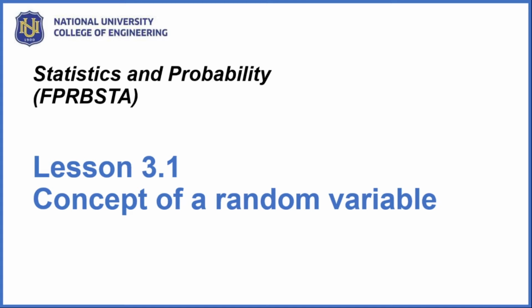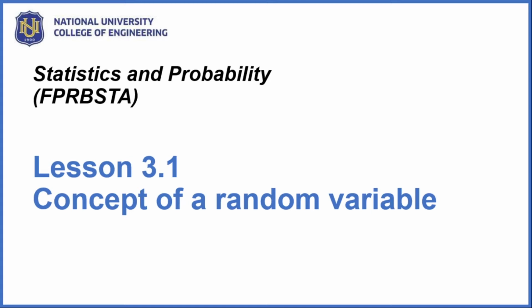Now, since the outcome of our statistical experiment is essentially random, the value that we assign to that variable is random, and therefore that makes that variable a random variable also.